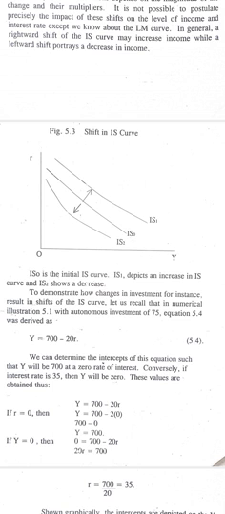Y is equal to 700 minus 20R. We can determine the intercept of this equation so that Y will be 700 at 0 rate of interest. Conversely, if interest rate is 35, then Y will be 0.